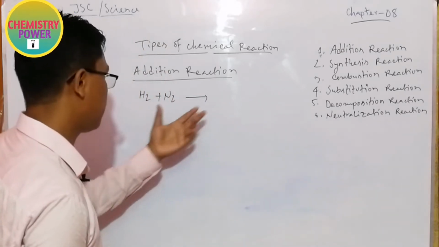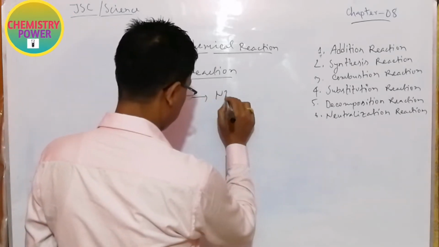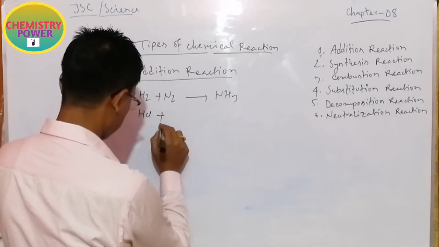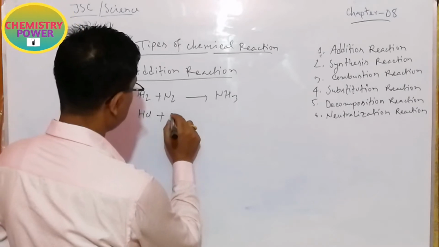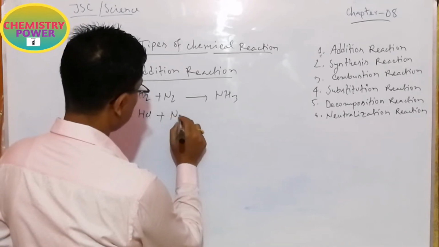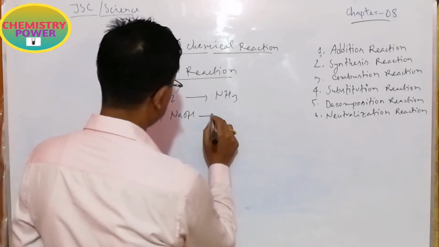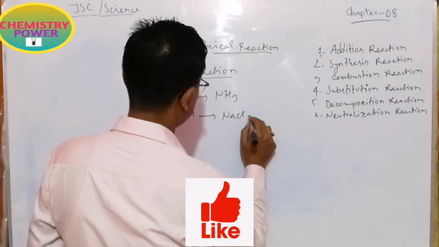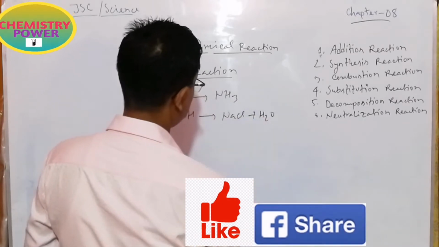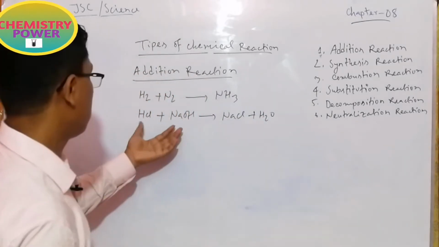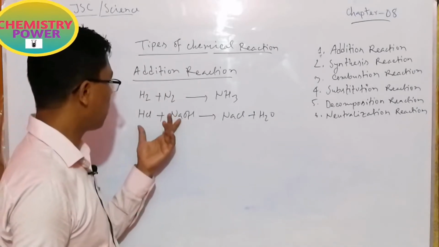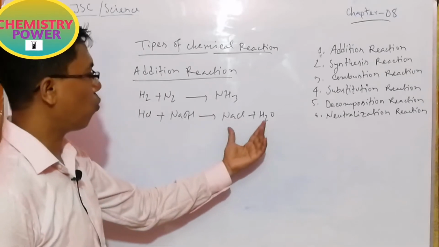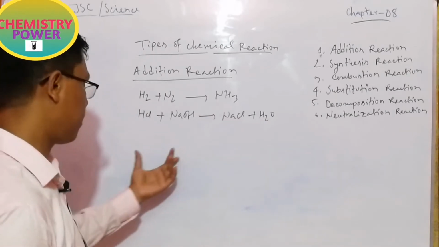Hydrogen plus nitrogen then produce ammonia gas. Then another example, HCl plus sodium hydroxide then produce sodium chloride and also water.